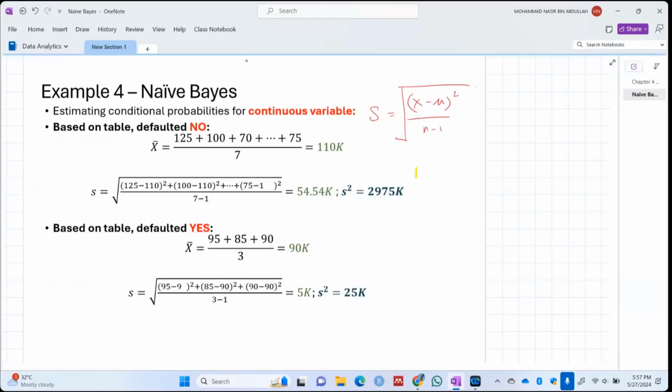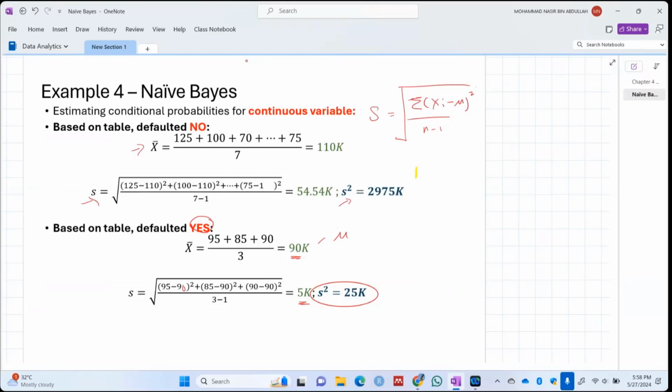Here I take the value 95 minus 90, this is the mean, also equal to mu, squared, plus 85 minus 90 squared, and so on, the sum of xi minus mu square. So we will get the standard deviation, which is 5K, and the variance equal to 25K. This is for yes. And for no, you need to calculate all the values for no, to obtain the mean, standard deviation and variance.